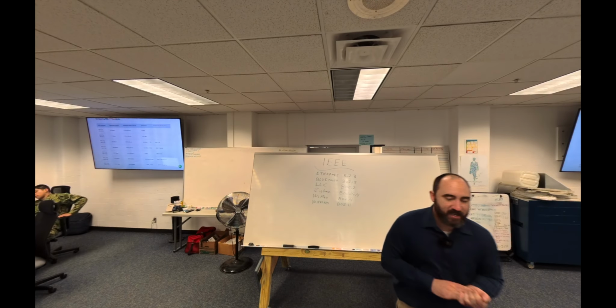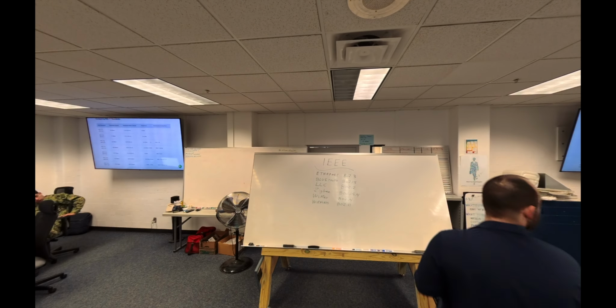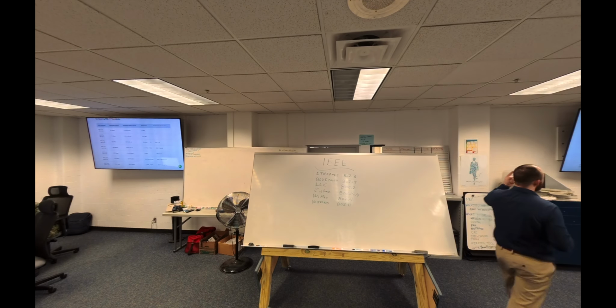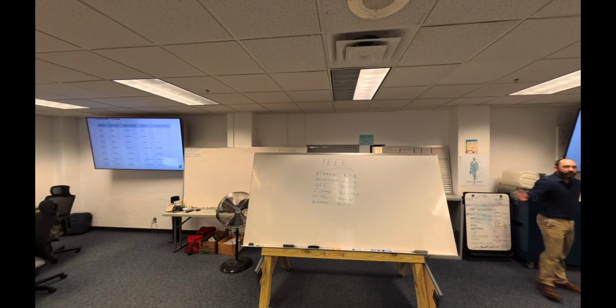802.11ax. This is also known as Wi-Fi 6. Just like 802.11n, this operates on two frequencies, 2.4 and 5 gigahertz. So what is it backwards compatible to then? A, B, G, N, AC, all of them, right?